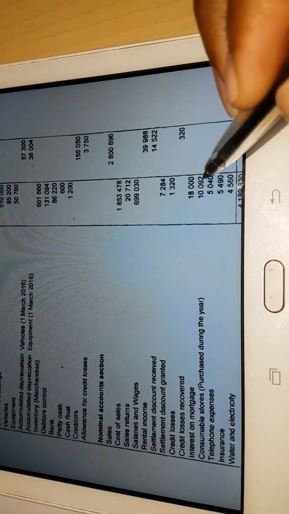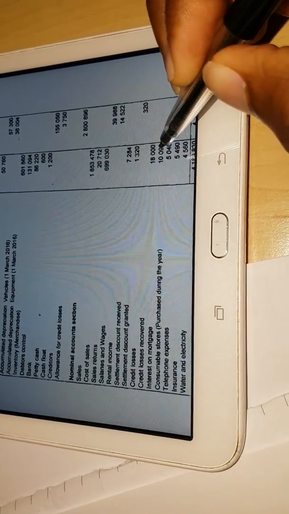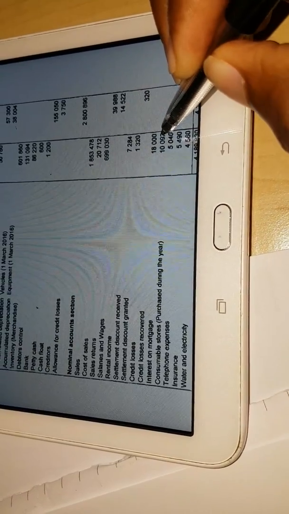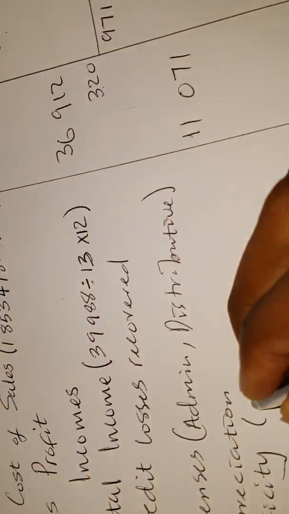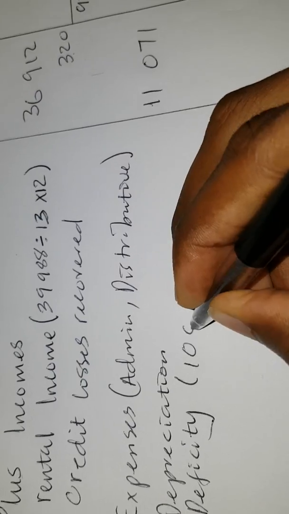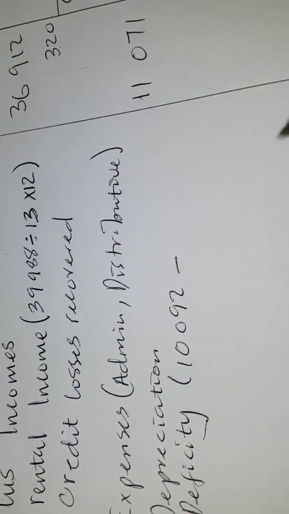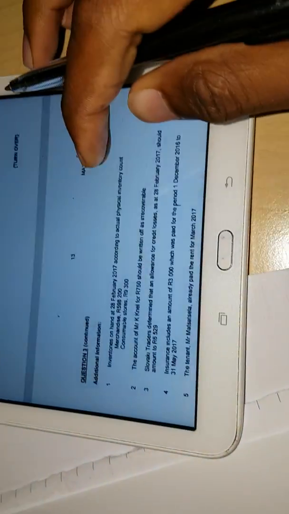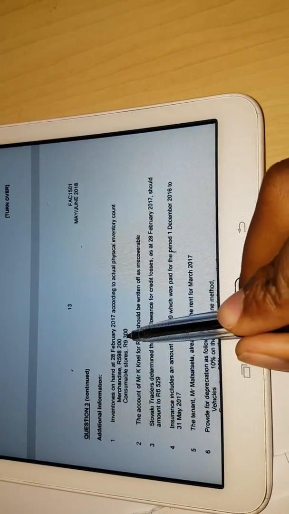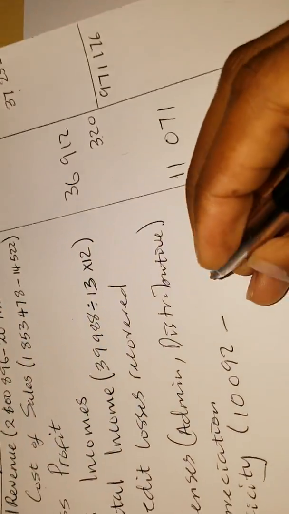So it's 10,092, which is the consumables that was there during the year, minus the consumables that is remaining at the end of the financial year, which is 9,300.